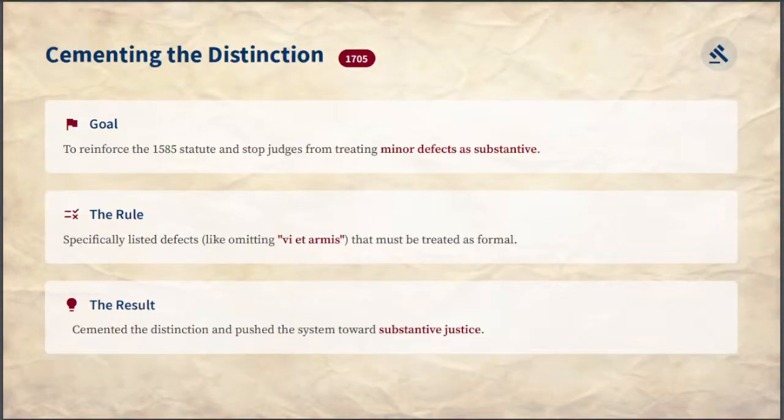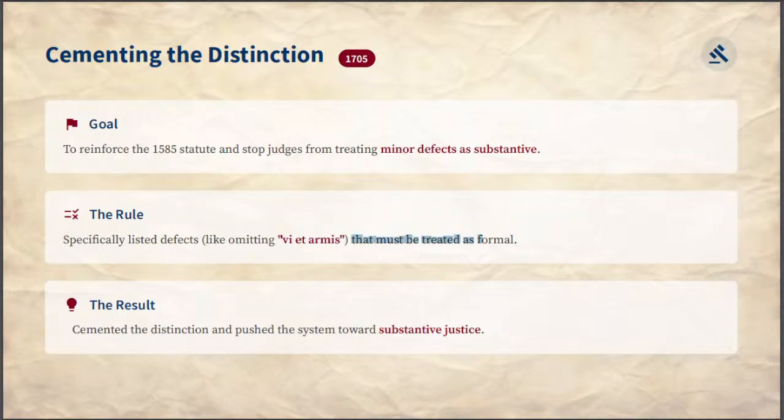We're on to cementing the distinction here. Oh yeah, this is 1705. This is the statute, I believe, of Anne. Goal was to reinforce that 1585 statute and stop judges from treating minor defects as substantive. So setting rules for that. The rule now specifically listed defects like omitting vi et armis, or by force, right?